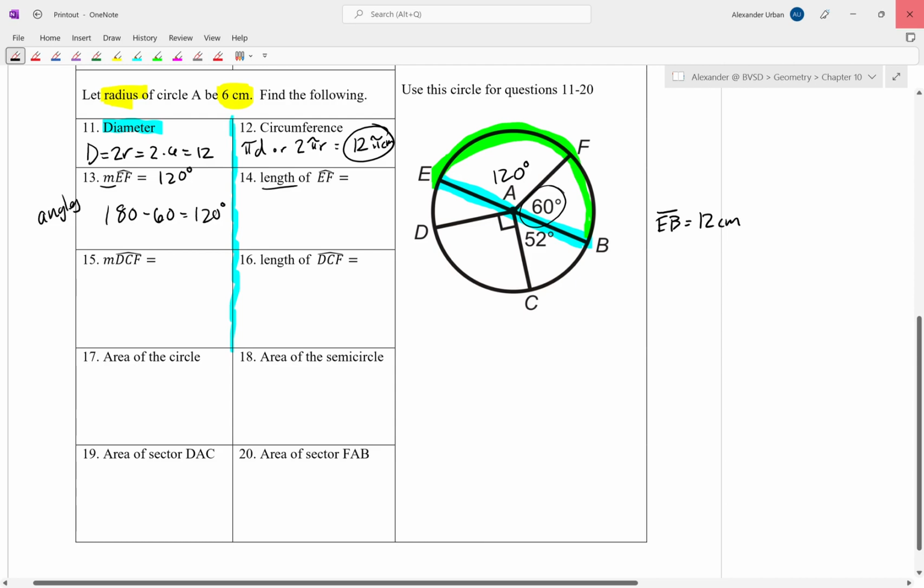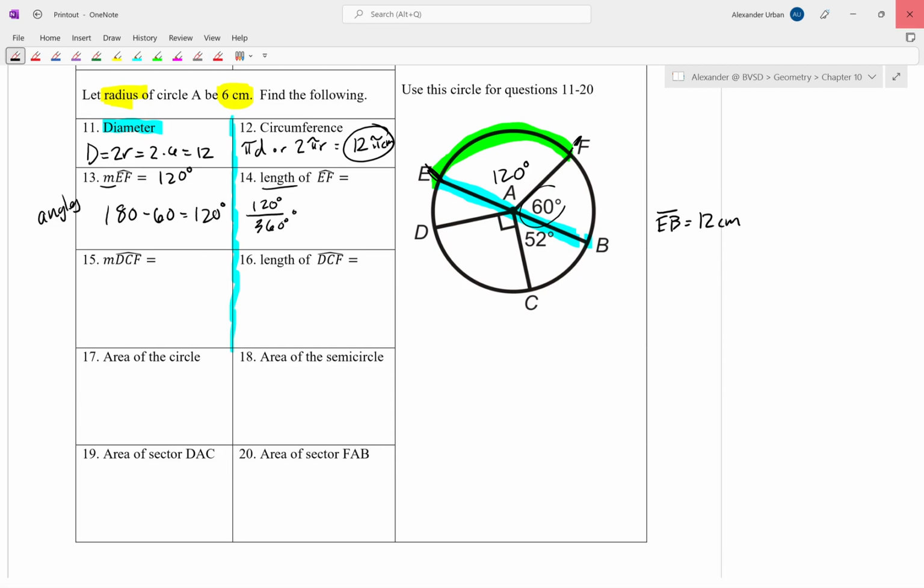To find the length, the actual outside distance from E to F, only now the green part, I'm going to erase the rest. We need to take a part of the circle, so 120 degrees out of 360 degrees, and multiply it by our circumference, which is 12 pi.